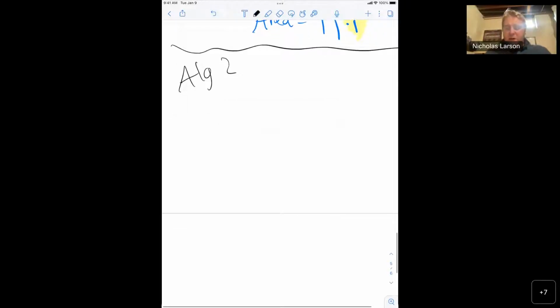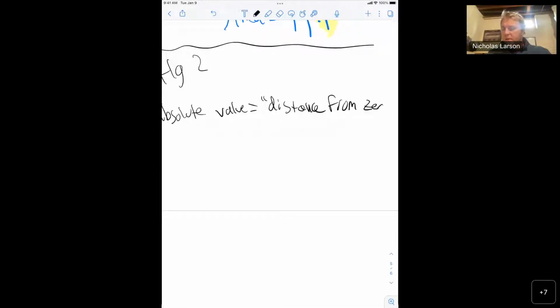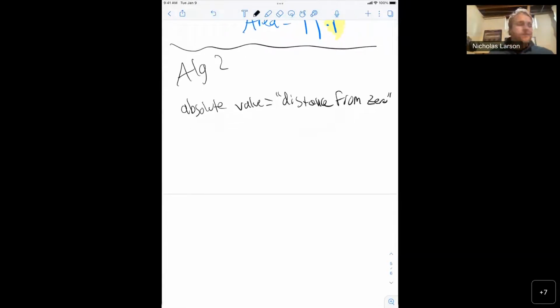So maybe we jot that down, absolute value, distance from 0. So the graph of it works like this.